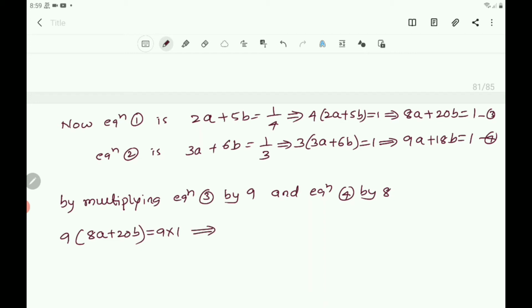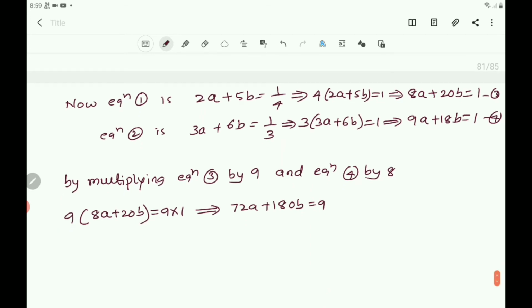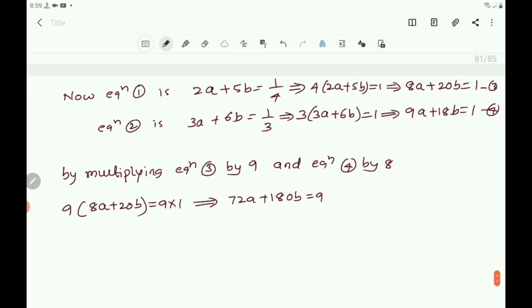So you do it here: 9 into 8a plus 20b equals 9 into 1. This becomes 9 eights are 72a plus 9 twenties are 180b equals 9. Now the fourth one becomes 8 into 9a plus 18b equals 8 into 1.